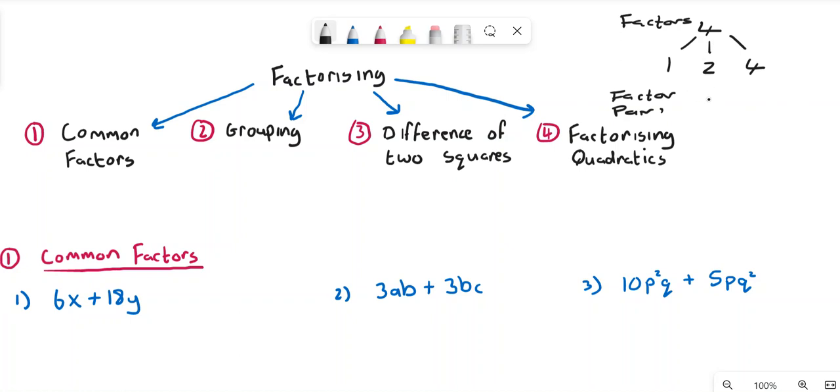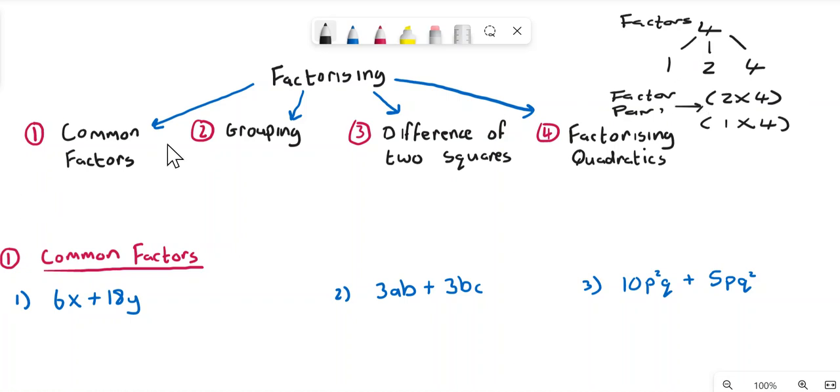So for example, if we take the factor pair of 2 and 4, so 2 multiplied by 4, these two numbers will divide in evenly into 4, and then when you multiply them by each other will give you the number 4. And then also, if we take 1 multiplied by 4. So these are what are called factor pairs.